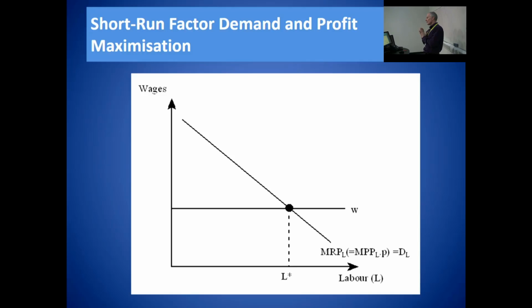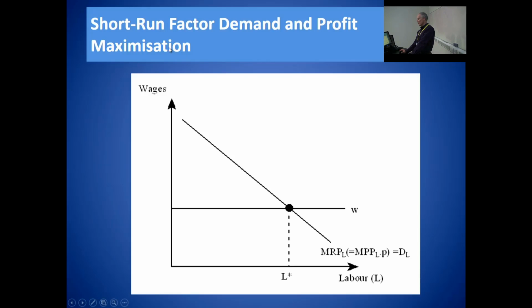What we have here is labour on the horizontal axis and wages, the price that we pay for labour. What I'm going to show you here is the firm's short-run labour demand schedule, or its short-run factor demand schedule.